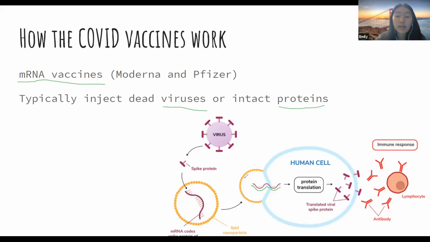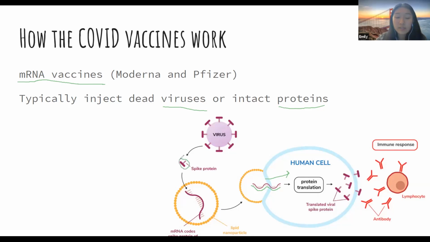Once this mRNA has traveled into our human cells, structures within the cell called ribosomes can convert this mRNA into proteins, essentially making virus particles within the human cell. And then these virus particles are transported out of the cells all over your body so that the immune cells can get exposed to them, recognize them, and fight more effectively against them the next time it comes across them. So yeah, essentially that's how they work.